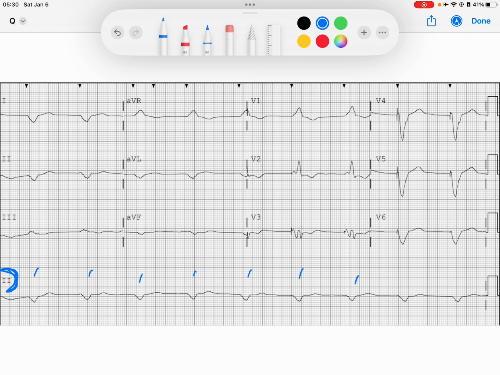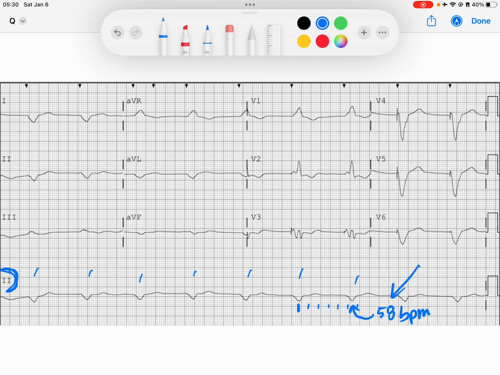My rate here, if I count from this wave right here, would be 300, 150, 100, 75, 60, 50, so somewhere in between 65 and 50, maybe 58 beats per minute. So somewhat regular.